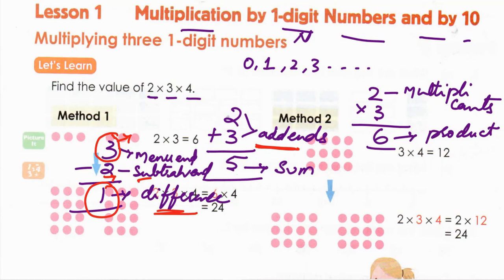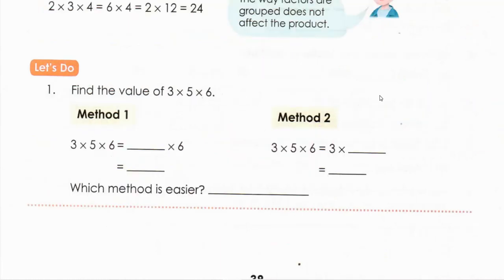Similarly, in multiplication, the two values are called multiplicants, and the answer you get is called the product. Remember this always.